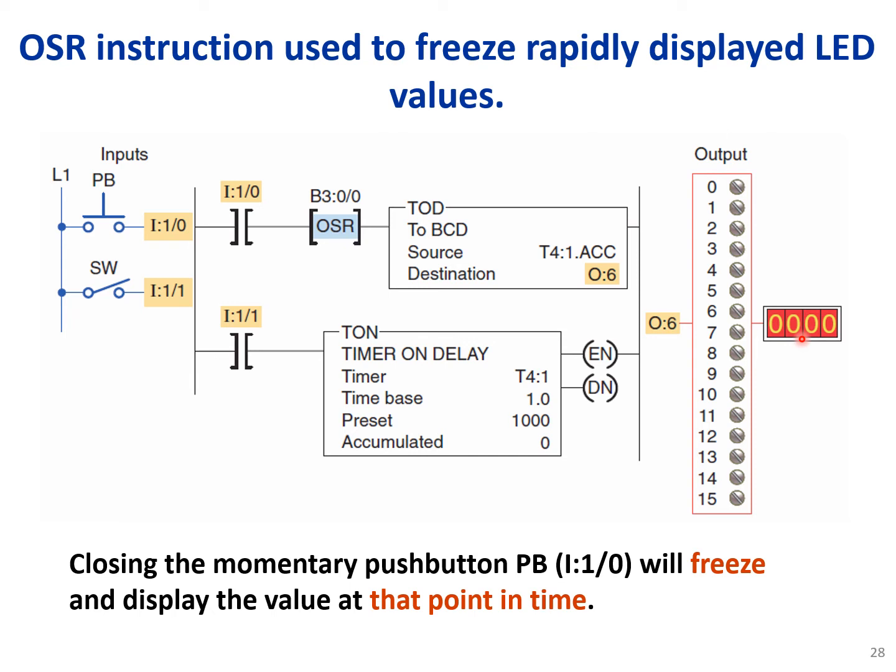So we want to freeze it for one scan time, and we can use this OSR. When we press the push button, the OSR goes false and stops the display for one scan time. Then in the next scan, it continues showing the time normally.